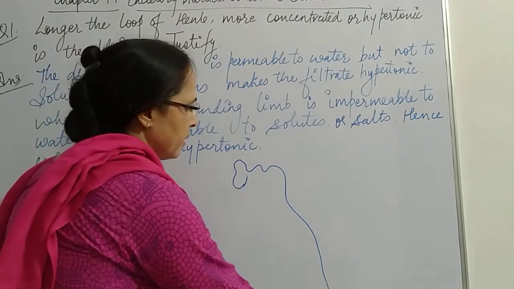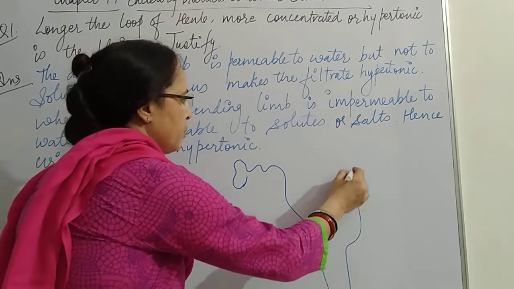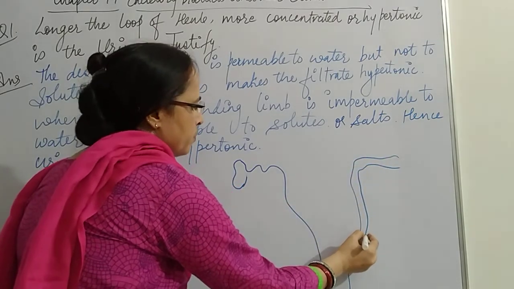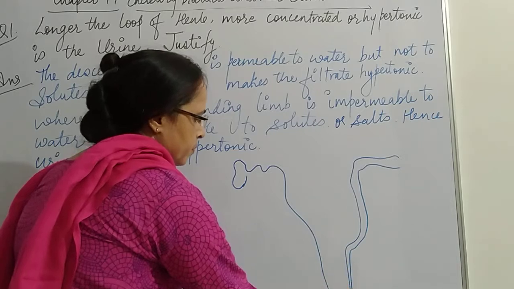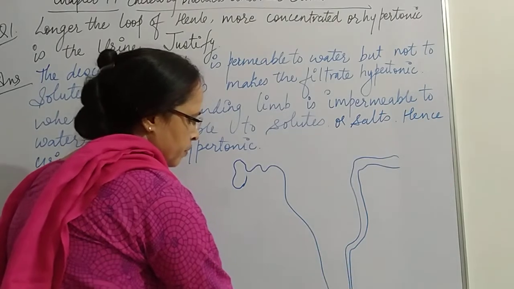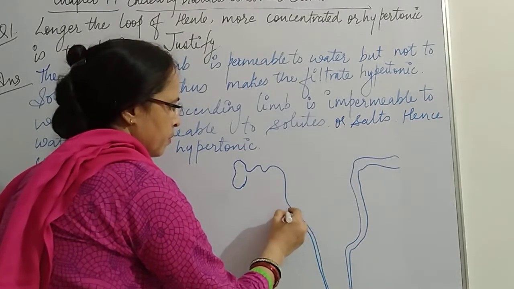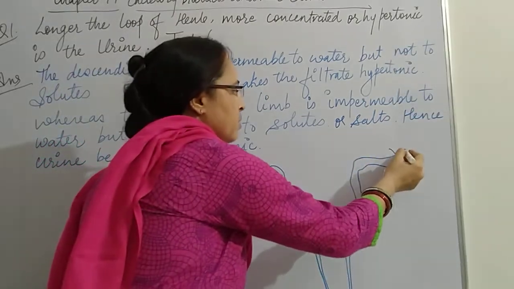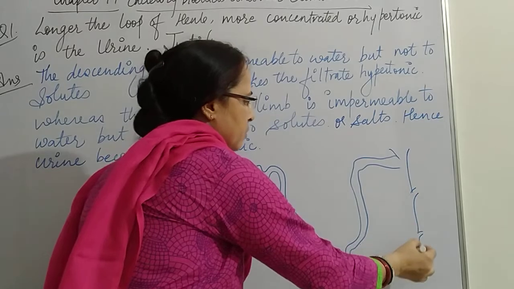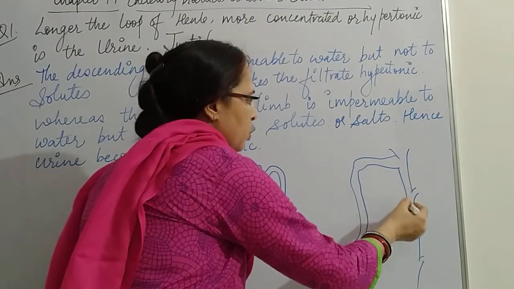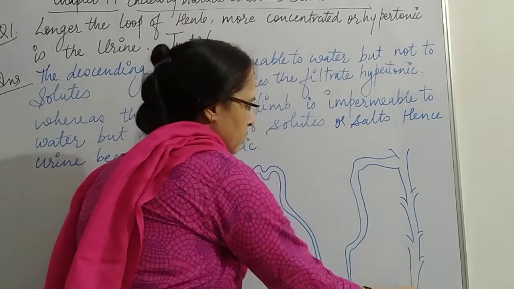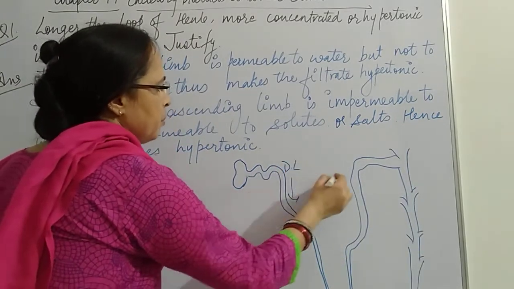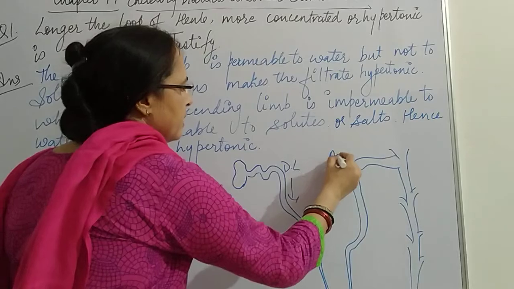This is the descending limb, ascending limb, distal convoluted tubule, and over here this is the collecting duct. So what happens? This is the descending limb and this is the ascending limb.